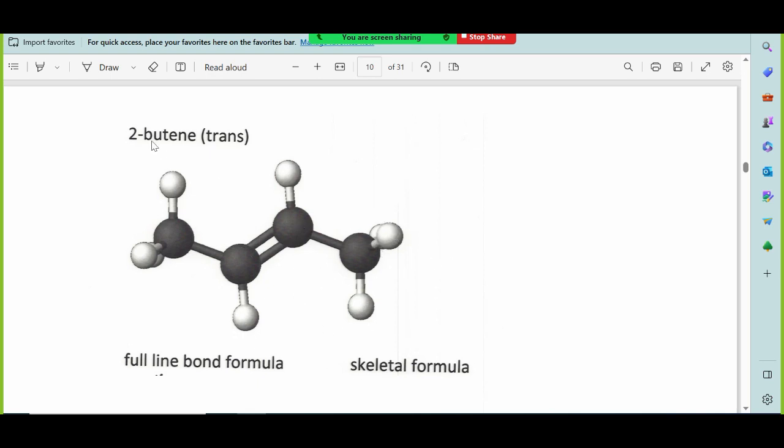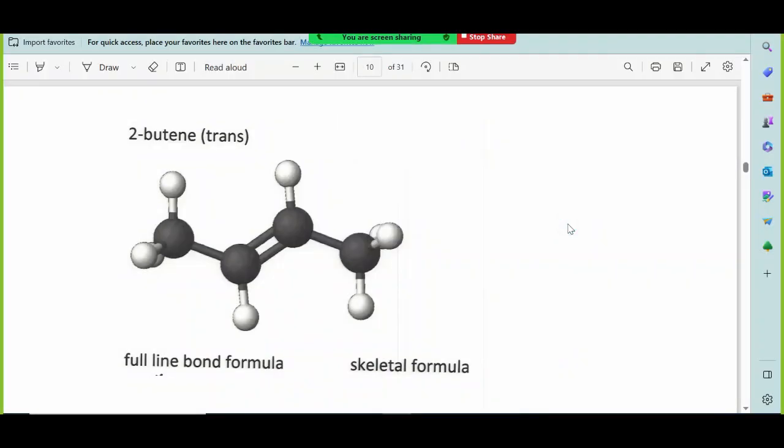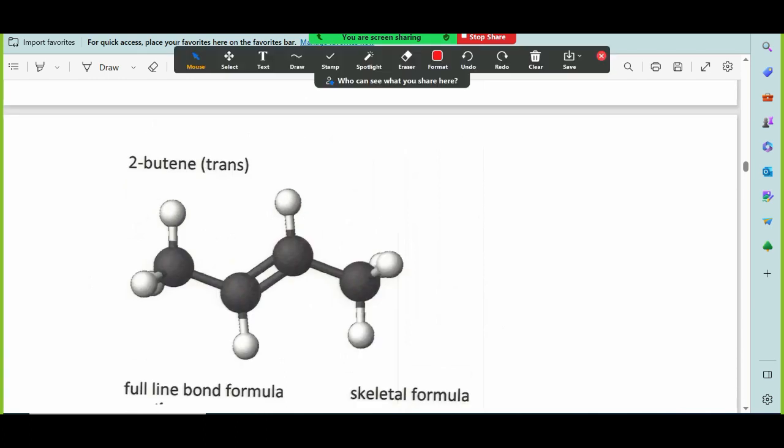So this is trans-butene. Now, if this methyl group was like this, then we will have a cis-butene.